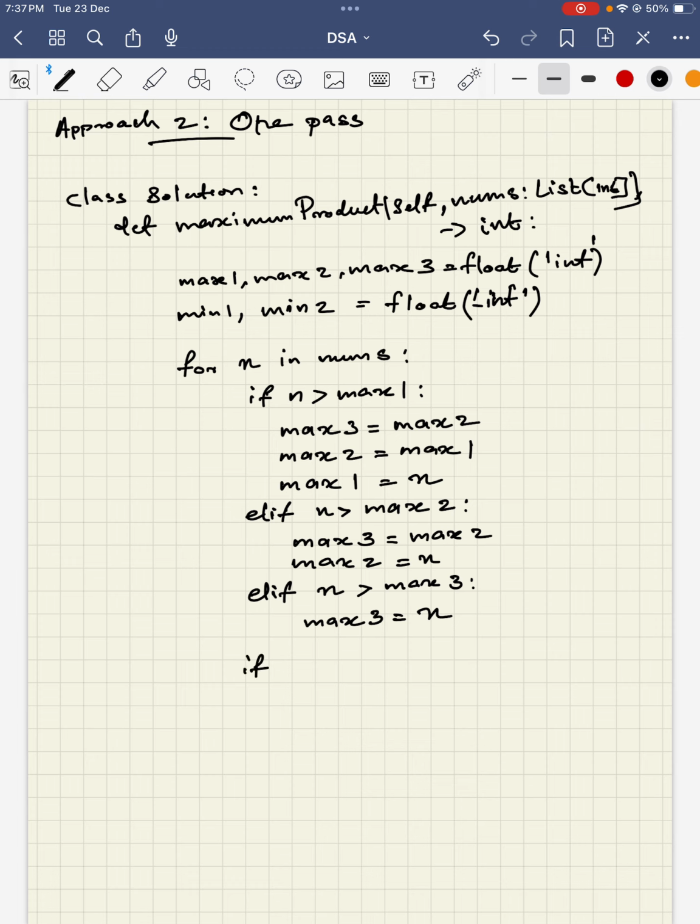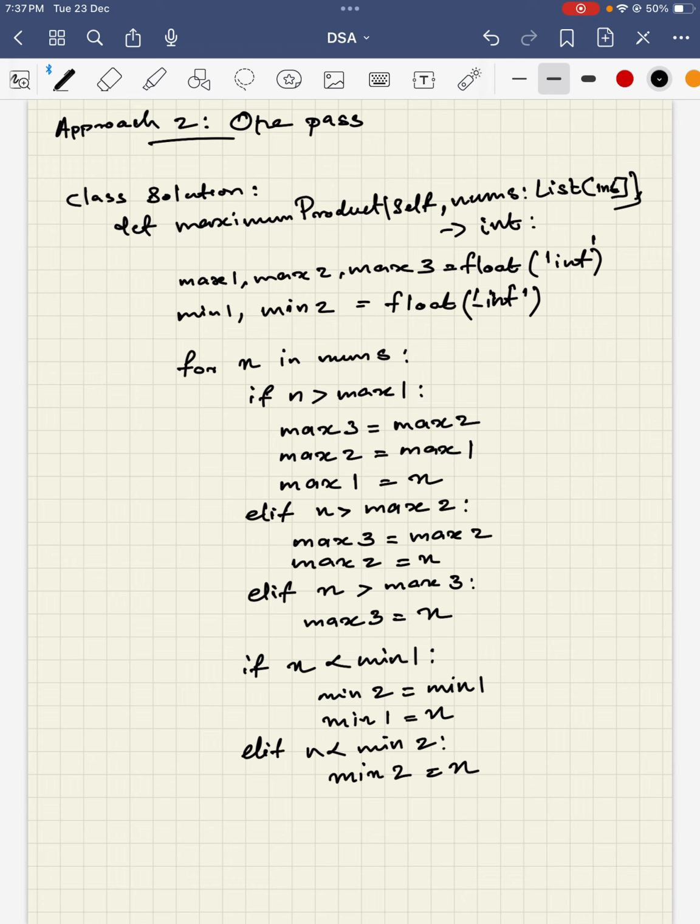And if n is less than min1, in that case min2 should be given the min1 value, and then min1 is assigned n. If n is less than min2, straightforwardly assign min2 with n. So this will create the case 1 and case 2 categories which we discussed earlier.